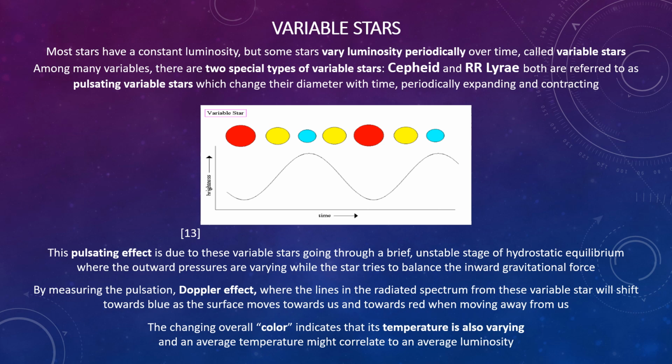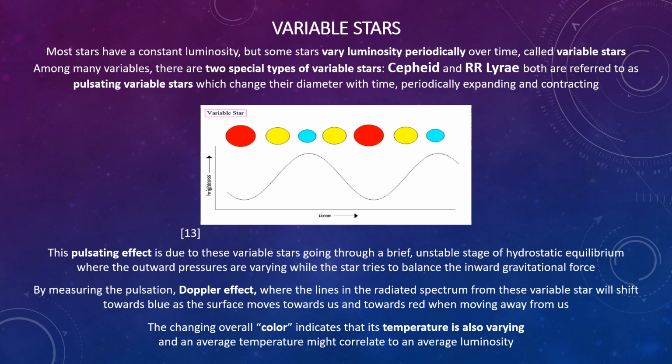And so this pulsating effect is due to these variable stars going through brief, unstable stages in their hydrostatic equilibrium, where the outward pressure is different than the inward gravitational force that is trying to balance. And so it gets larger and smaller over time.